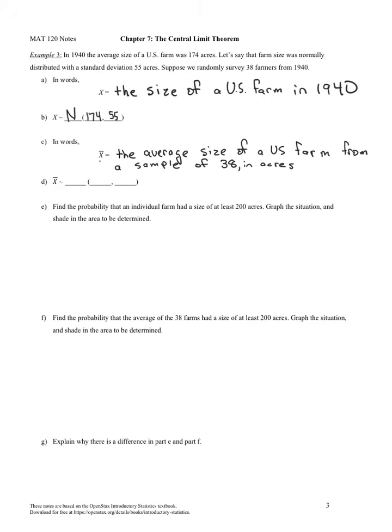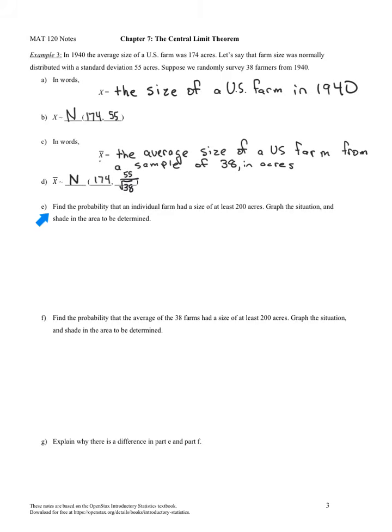So if we would like to write the distribution of our samples, our mean will still be the same, 174, but our standard deviation is going to be different.